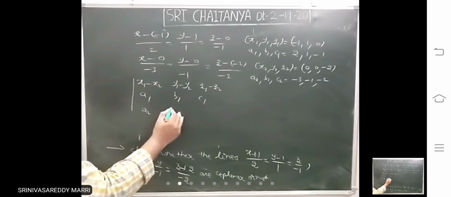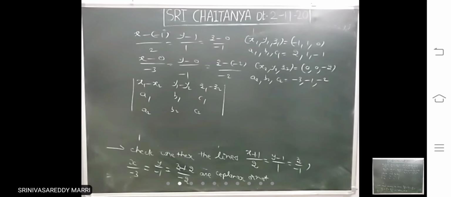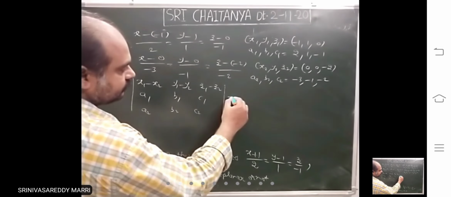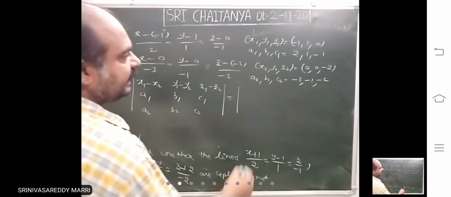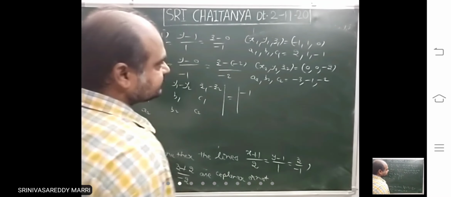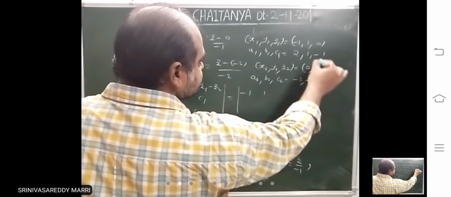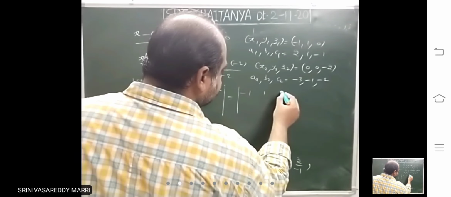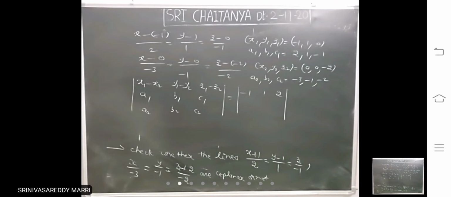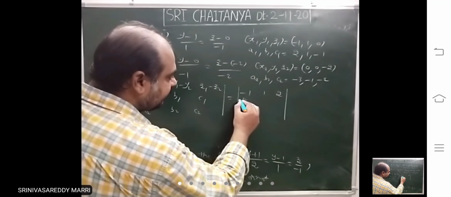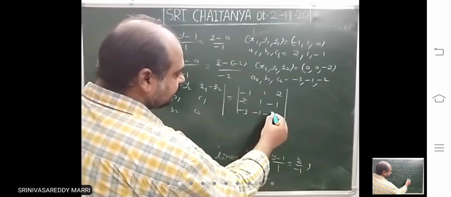First row: x1 minus x2, y1 minus y2, z1 minus z2, that is minus 1 minus 0, which is minus 1; 1 minus 0, which is 1; 0 minus of minus 2, which is 2. Then second row, DRs of first line: 2, 1, minus 1. Third row, DRs of second line: minus 3, minus 1, minus 2.